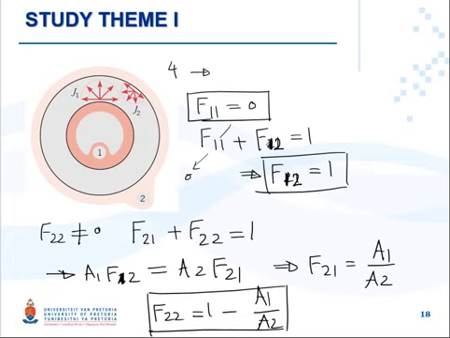Now you see that we found all the 4 view factors by applying the summation rule, reciprocity, as well as the self-view factor.